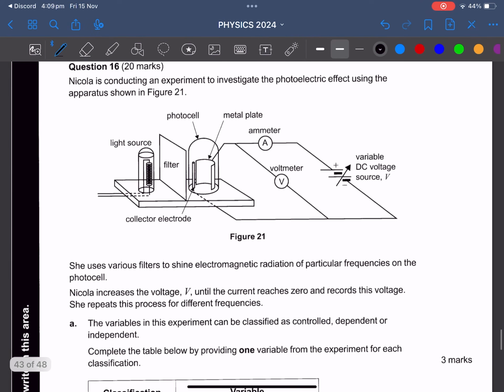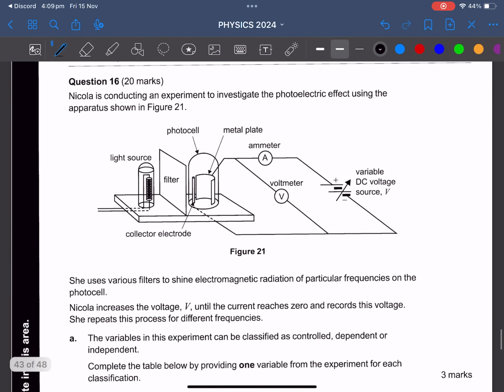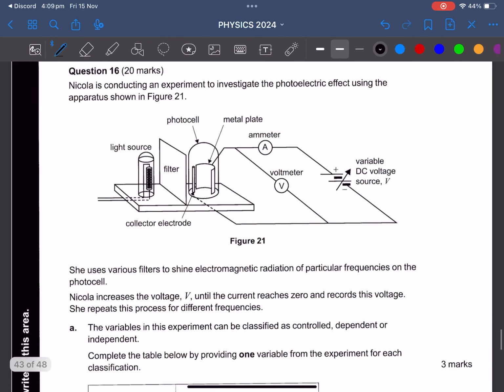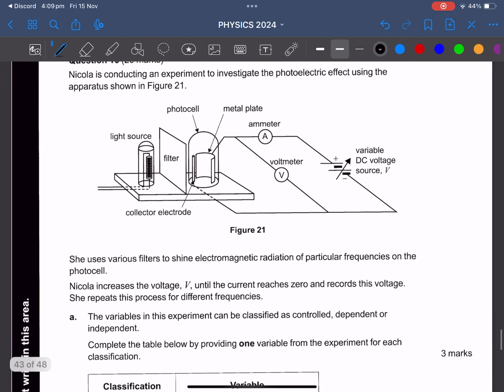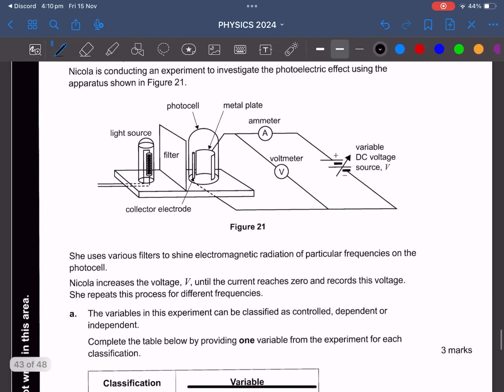Controlled, so filters are also changing. I guess we can say metal plates because that stays the same, right?